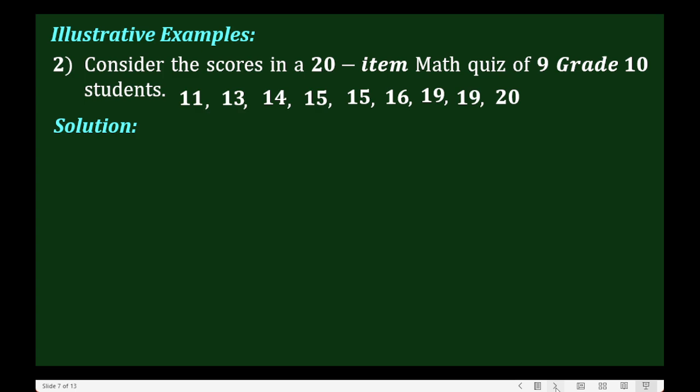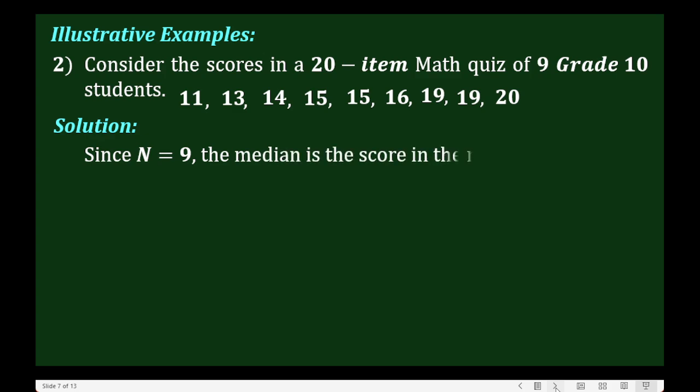So what are we going to do here? Now, the data is to be arranged from the smallest up to the largest value. Since n is equal to 9, which is the number of data, the median is the score in the middle. You will notice that this set of data is already arranged in proper order, from the smallest value to the largest value.